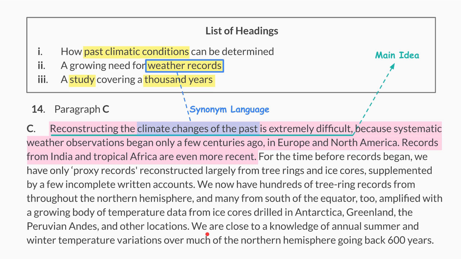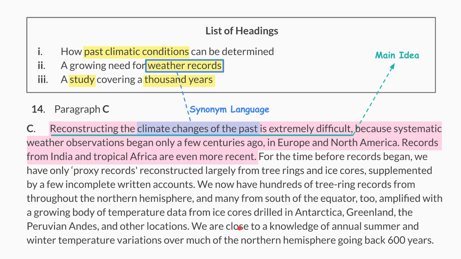So let's go ahead and read it in this case. It says, we are close to a knowledge of annual summer and winter temperature variations over much of the northern hemisphere going back 600 years. So what it's telling us here is that we are very close to a knowledge of the annual summer and winter temperature variations, meaning that we are almost there, but we just need more data.